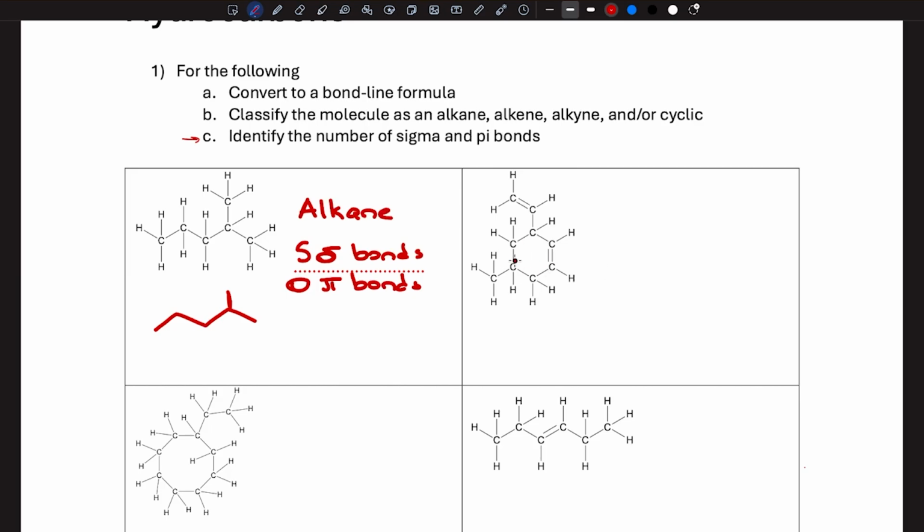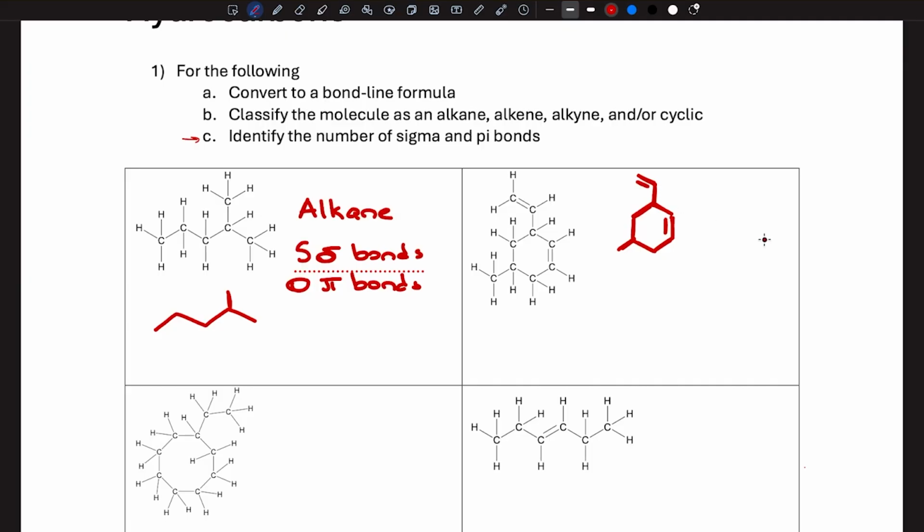For the next structure, I see a ring, a little hexagon, so I'll draw that out first. I see a double bond on this side, a carbon coming off the left side, and 2 carbons coming off the top with a double bond at the end.